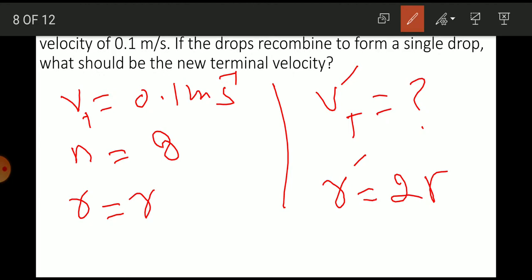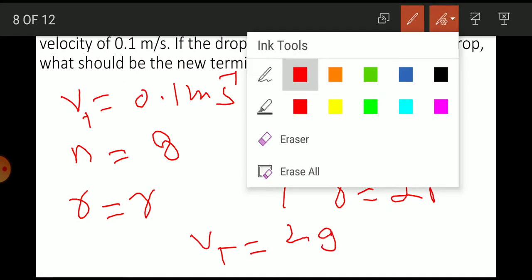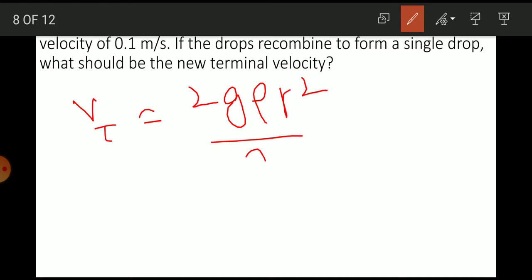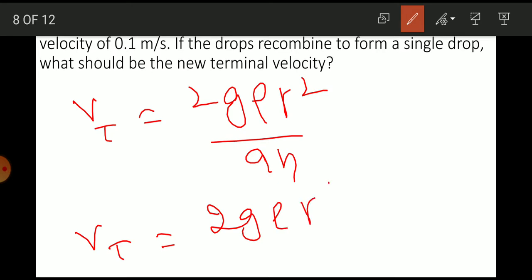The terminal velocity Vt is equal to 2g rho r square divided by 9 eta, and Vt prime is equal to 2g rho r prime square divided by 9 eta.